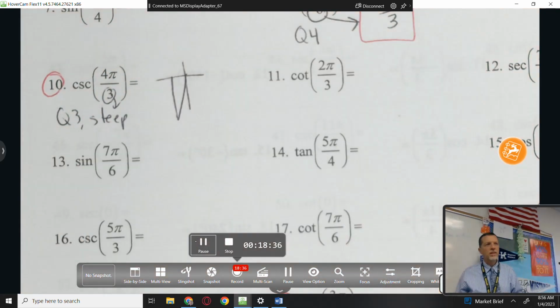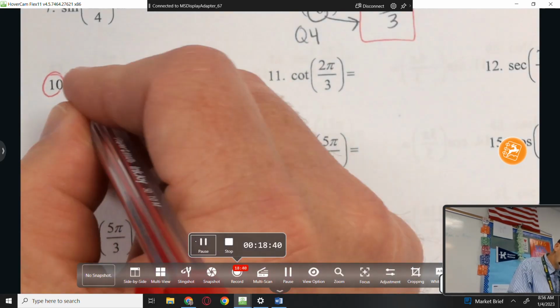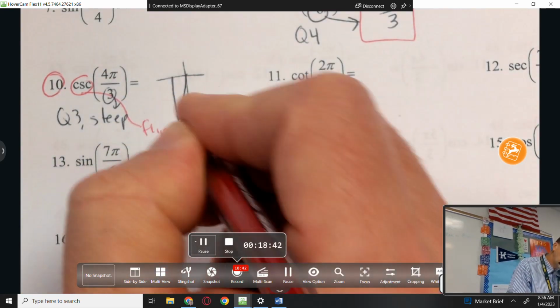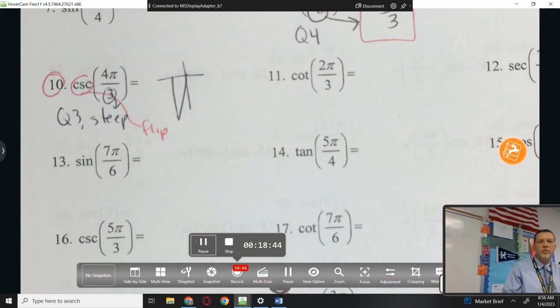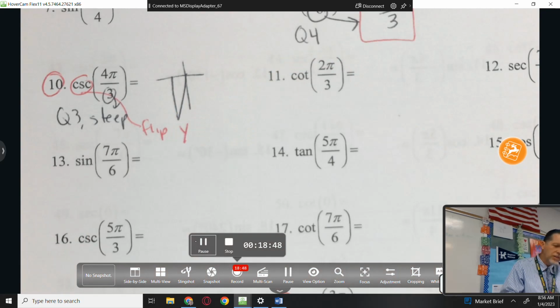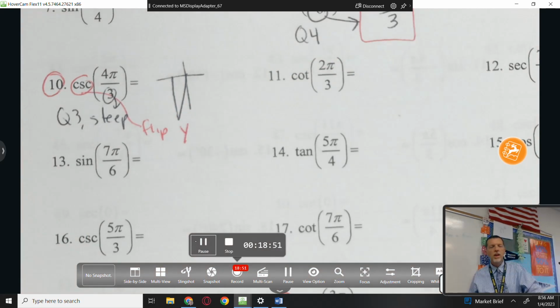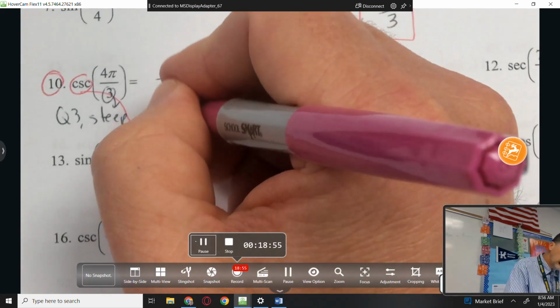Cosecant means flip. Who's the partner? Flip sine or flip y. That's the same thing. Either way you want to say that. The y coordinate there is the long side.